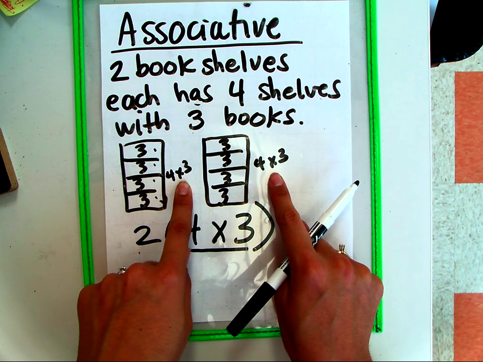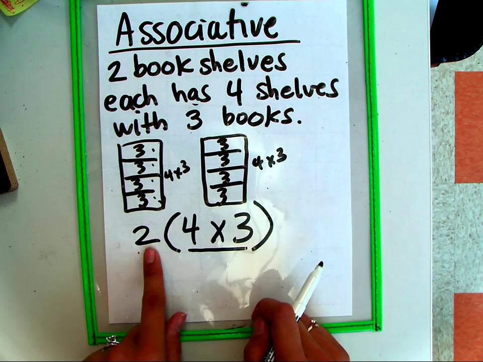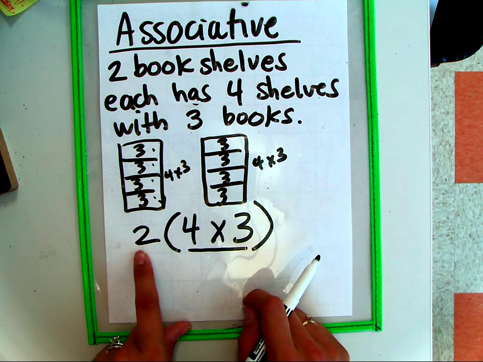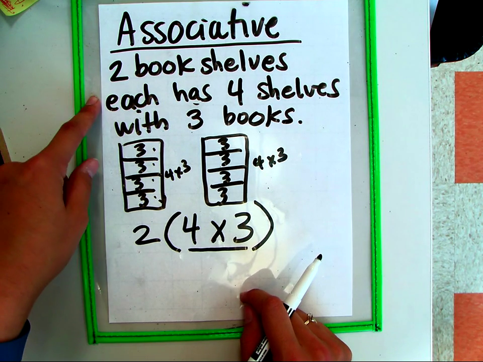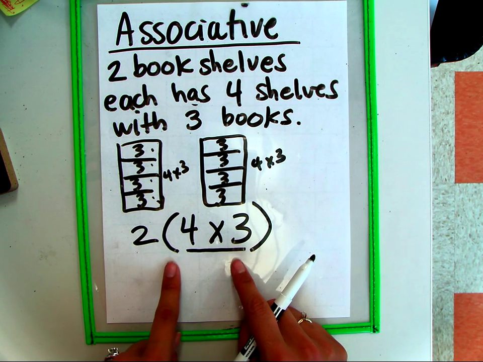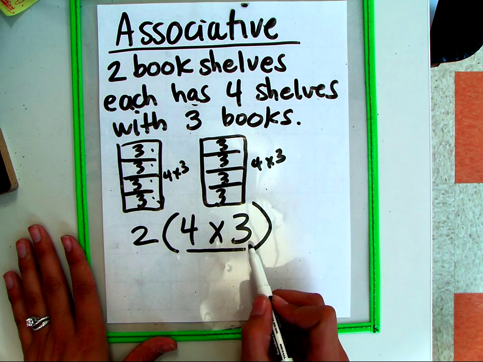The associative property is really just multiplying 3 factors at a time, but for students it's easier if you put it into context, like a story, so they see why you would ever want to multiply 3 numbers at a time. I always need to multiply whatever is inside the parentheses first.